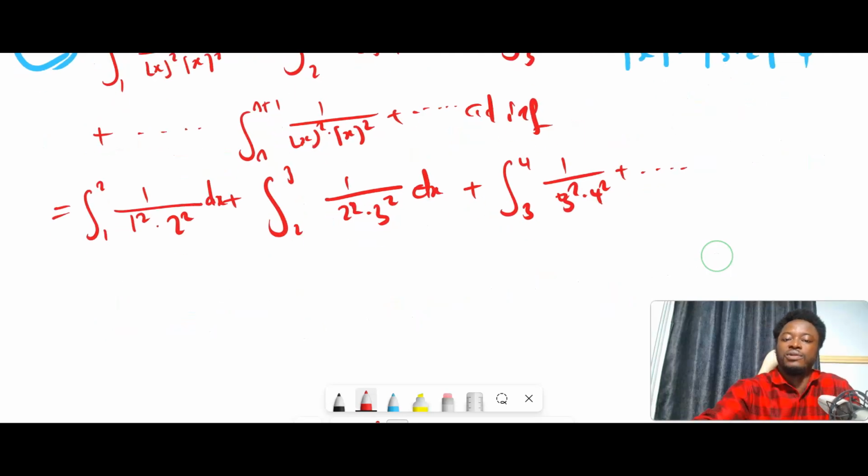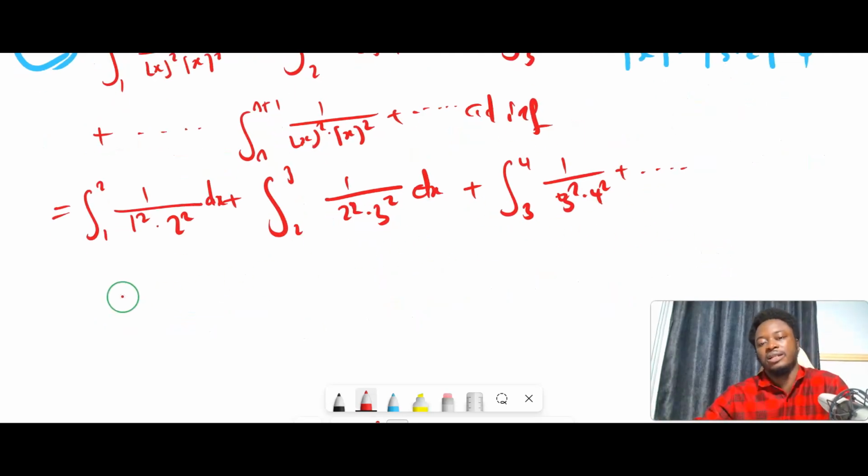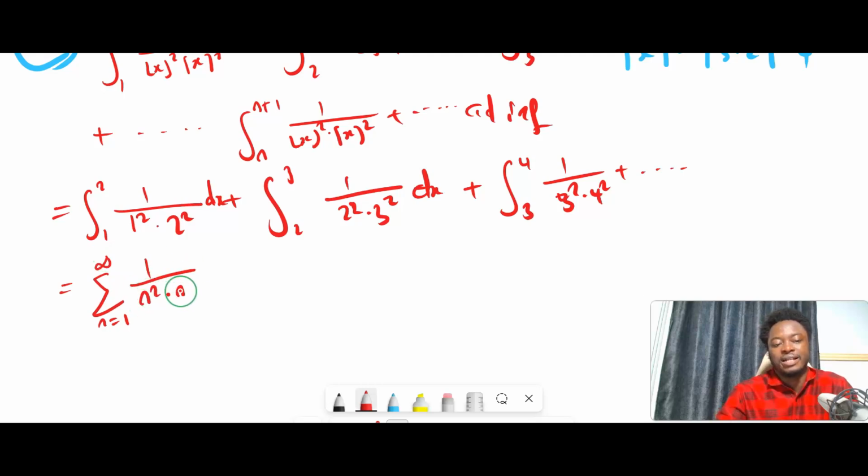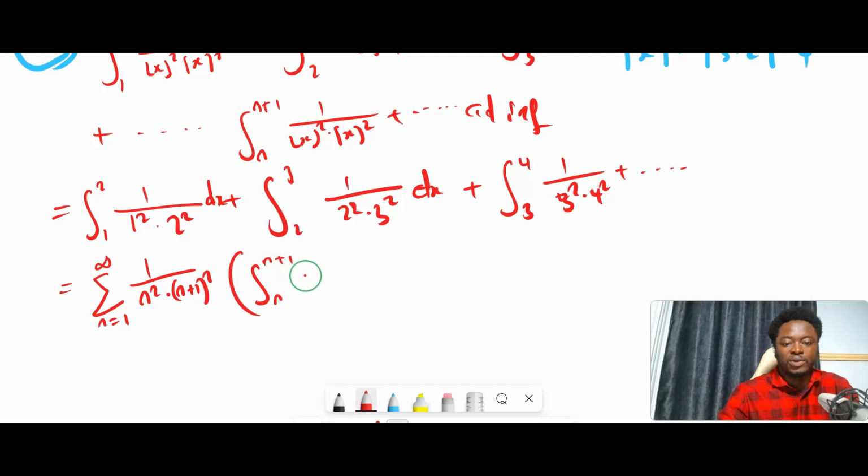Notice that this is basically the sum as n runs from 1 to infinity of 1 over n squared times n plus 1 squared, times the integral from n to n plus 1 of dx.